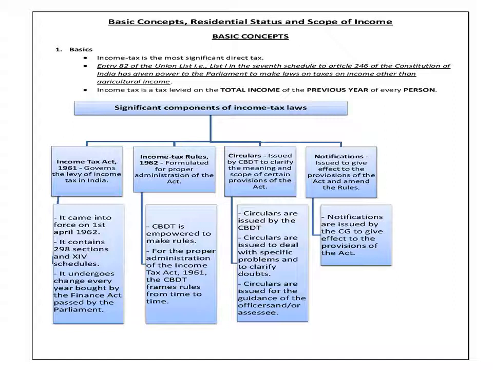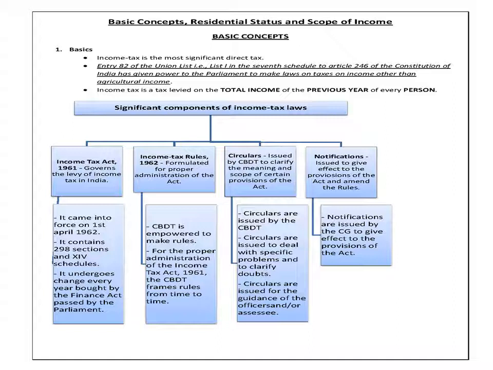It has given power to the parliament to make laws on taxes on income other than agricultural income. So, except agricultural income, all other income is taxable. Who has this power to make laws? It is the parliament. So the ultimate power rests with the parliament.